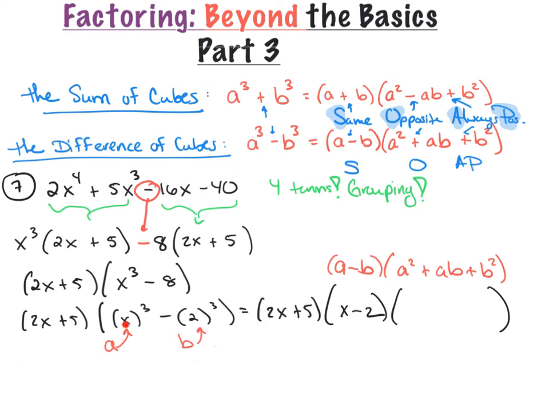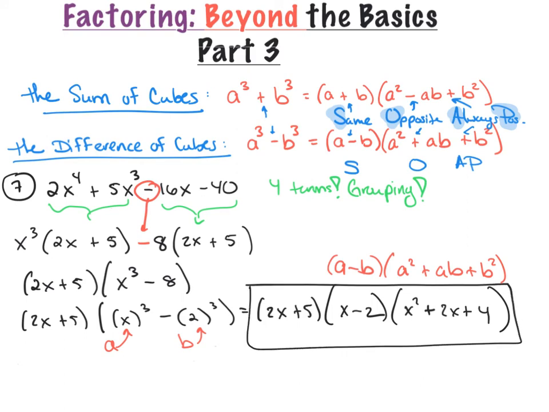A squared is x squared plus a times b means multiply, so x times 2 is 2x. And then finally, b squared means 2 squared, so plus 4. So our answer is 2x plus 5 times the quantity x minus 2 times the quantity x squared plus 2x plus 4.